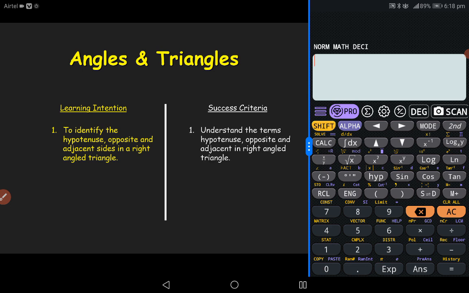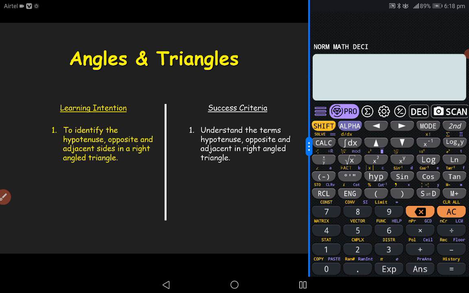And by the end of the lesson today, you should be able to understand and use correctly the terms hypotenuse, opposite side, and adjacent side in a right-angled triangle. Very important.